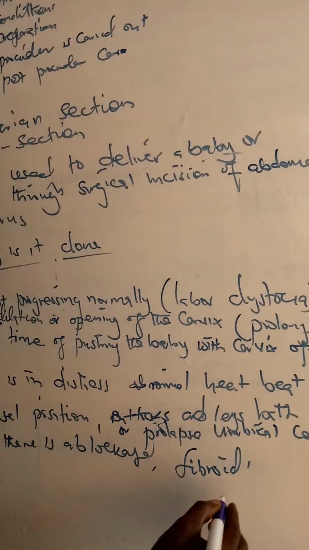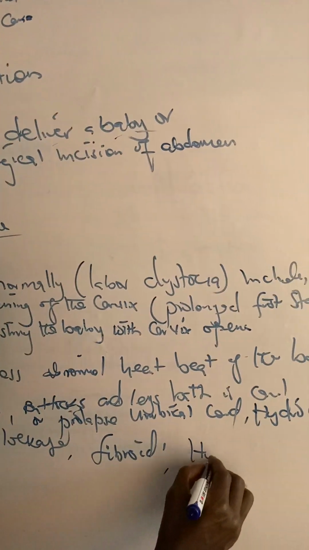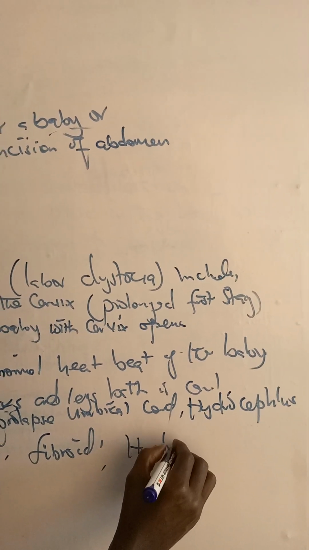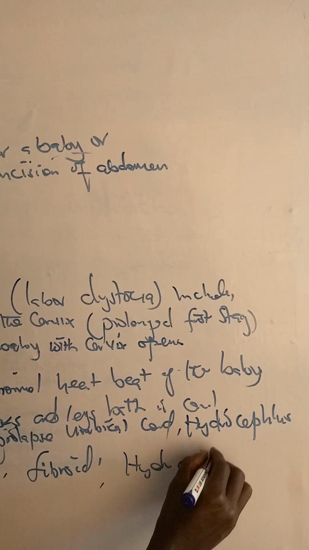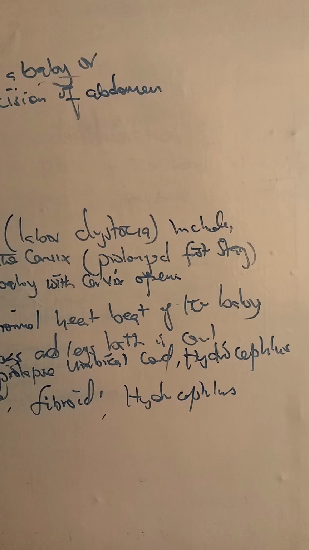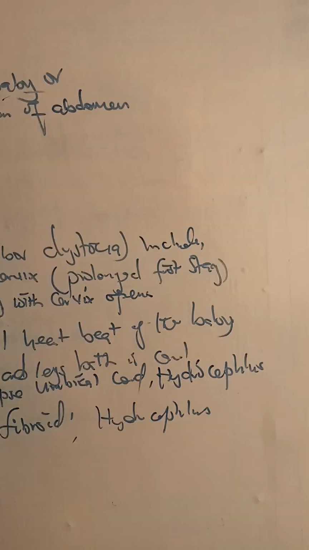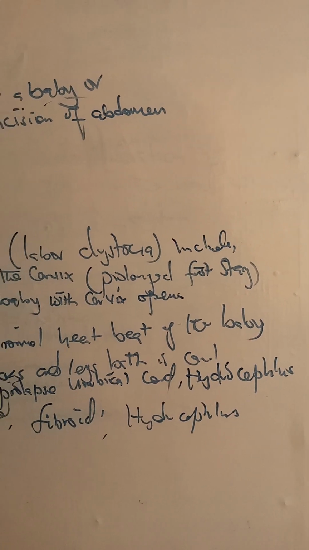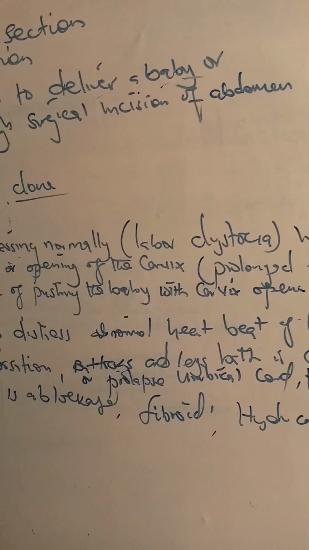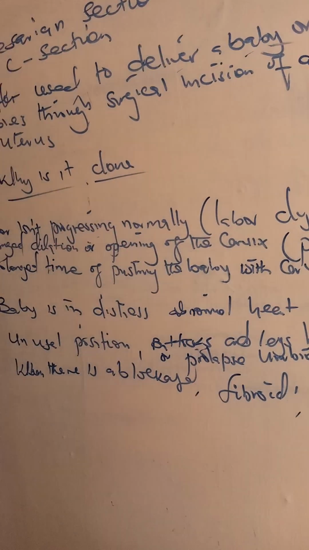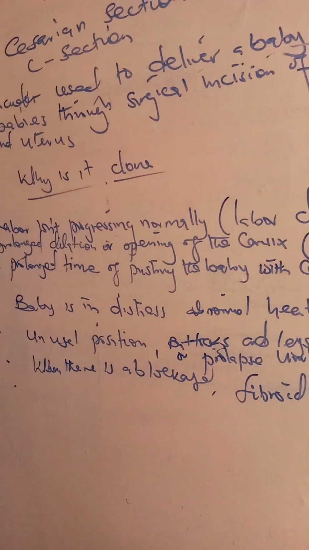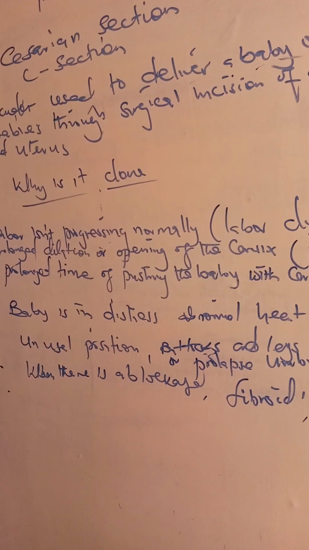Another one is hydrocephalus, where the baby's head is too big for the mother to push. Another is prolapsed umbilical cord, which we have already discussed.